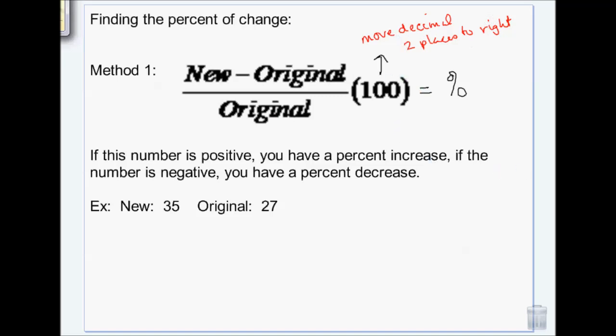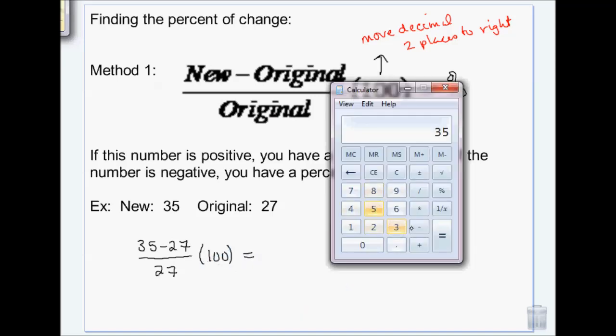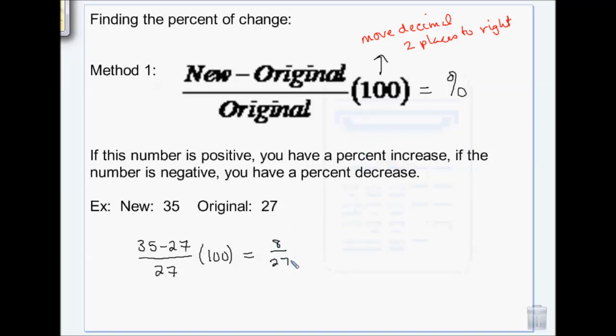So using this first method, my new number is 35, my original is 27, so I'm going to do 35 minus 27 divided by the original, which is 27, and multiply that by 100. So that's 8 divided by 27 times 100.